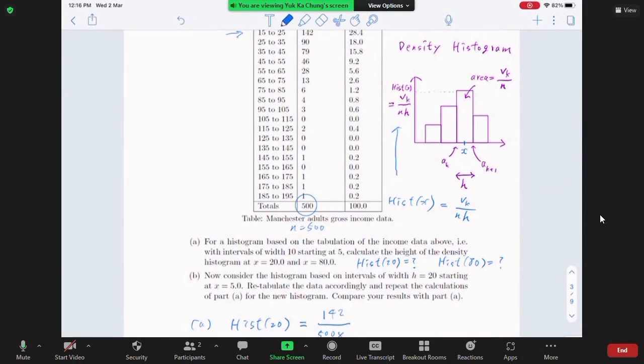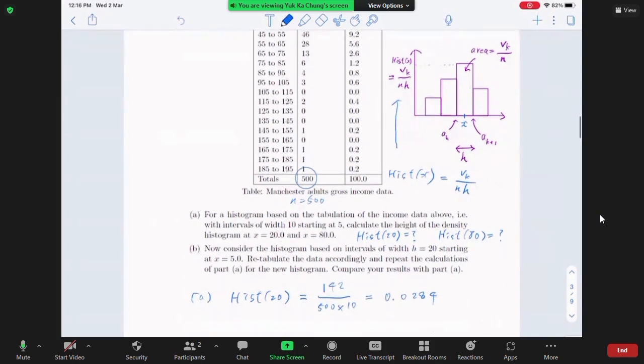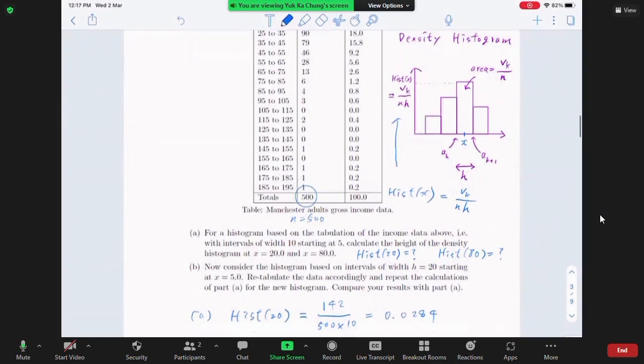H is the width of the class, from 15 to 25, so the width is equal to 10. We substitute everything into this formula and get the answer, which is 0.0284.